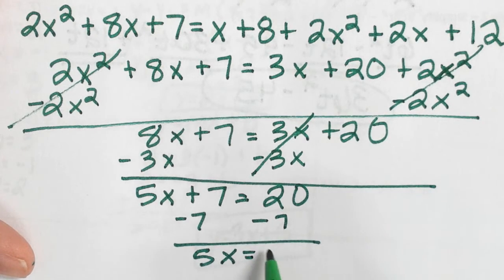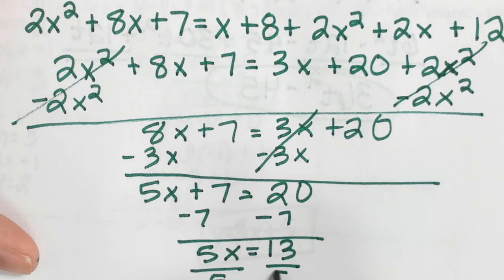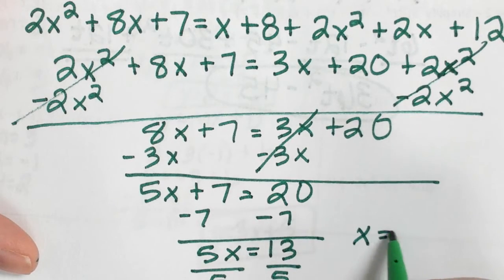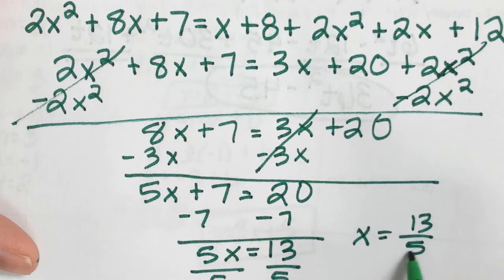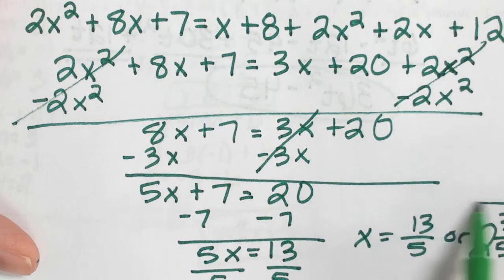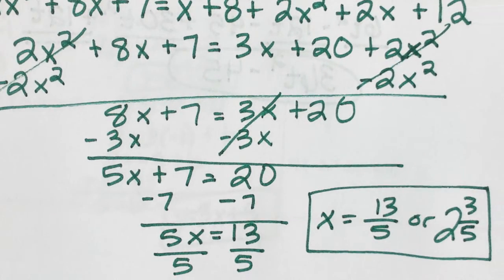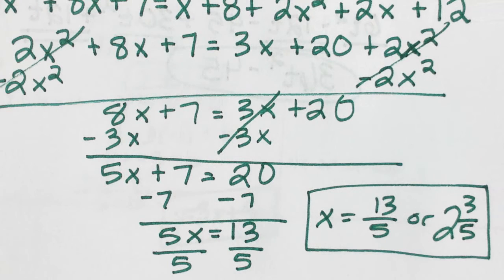Five x is equal to 13. And divide by 5. So you can say x is equal to 13 over 5. Or you can say 2 3/10, or 2 3/5, or 2.6. Okay, that's a lot of correct answers.